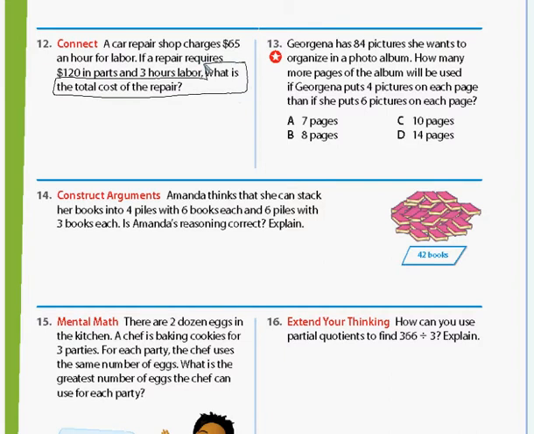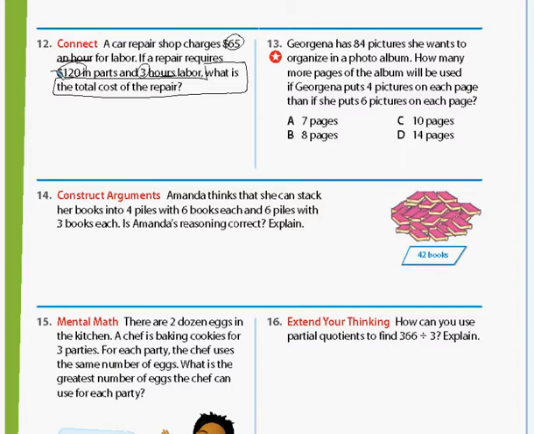There's some important information in there. They charge $65, $120, and we have 3 hours. The label for the $65 is an hour, and it looks like you need 3 hours worth of work, and then we also have $120 in parts.